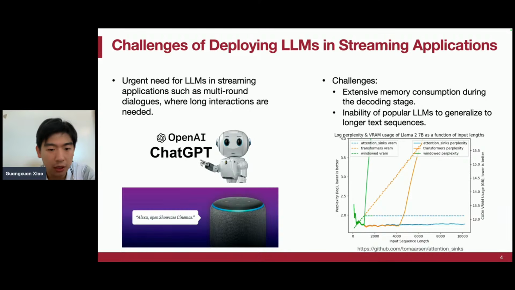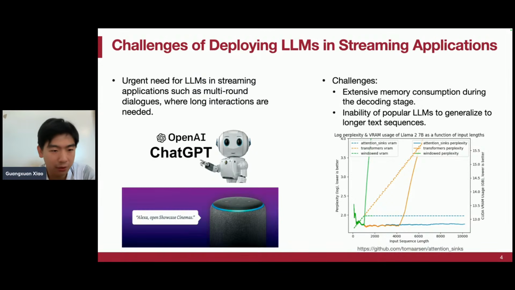The orange dashed line, which corresponds to the y-axis on the right, is the GPU memory usage of naive transformers, which are language models. The x-axis is the input sequence length, and when the input sequence length increases, there is a linear increase in GPU memory usage.